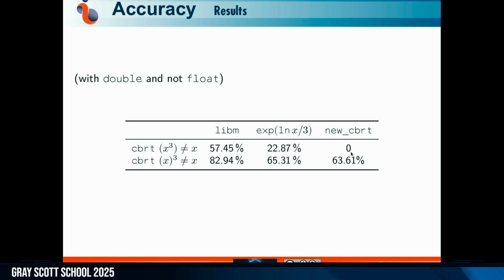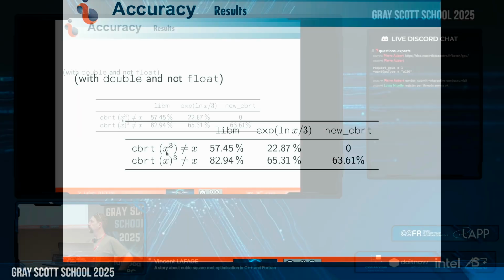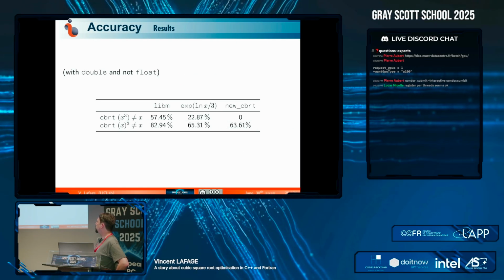Okay, so now for the implementation of today. This first test has no error because with multiplication, you will be very accurate, and then the cube root will provide a result with less than 1/3 of machine epsilon of error.